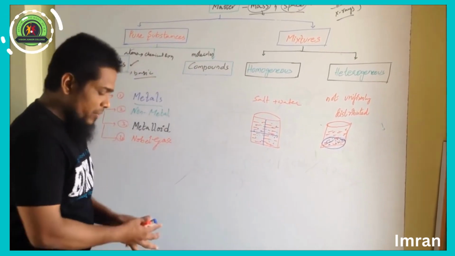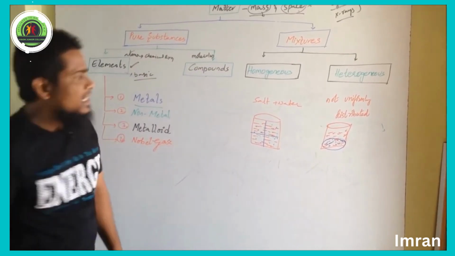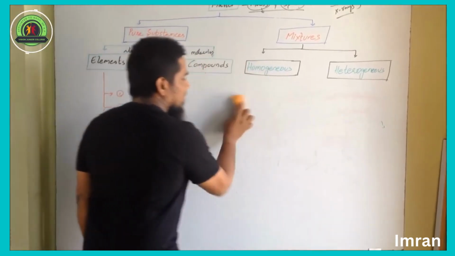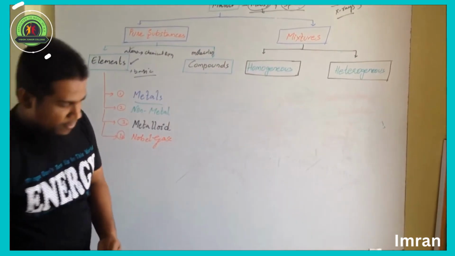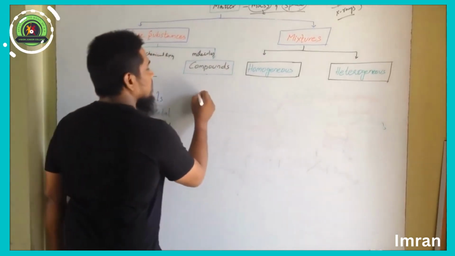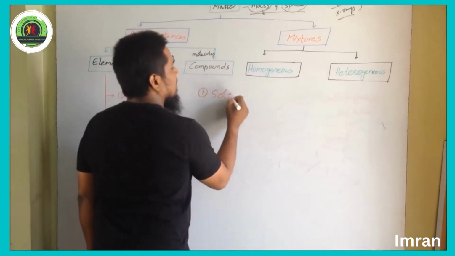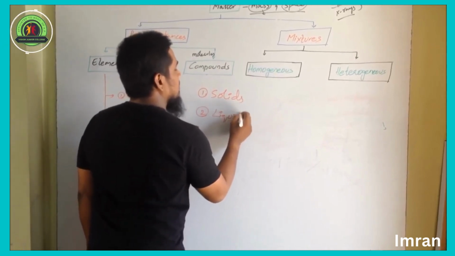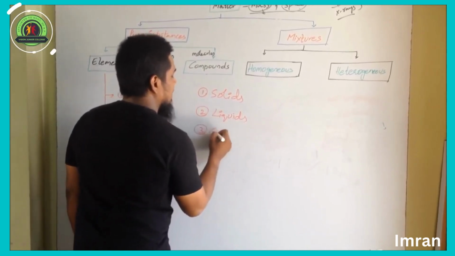And further moving, matter exists in how many states? Matter exists in 3 states. One is solids, another one is liquids, the third one is gases.